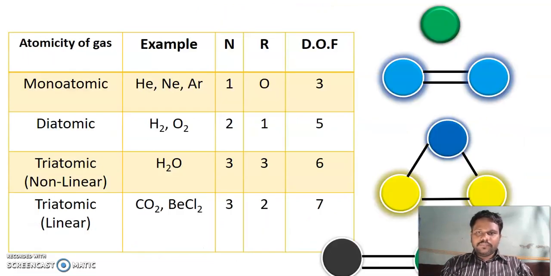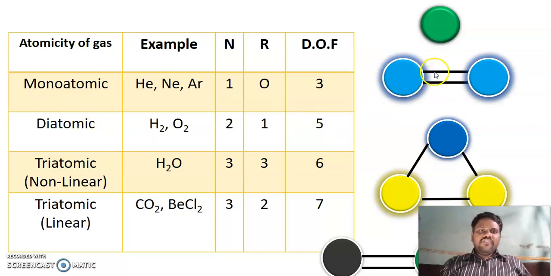To understand, let us consider a monoatomic gas, which is like a free particle in space, so it needs totally 3 degrees of freedom. Examples: helium, neon, argon. For a diatomic molecule, which is like 2 particles in a system, we need totally 6 degrees of freedom.